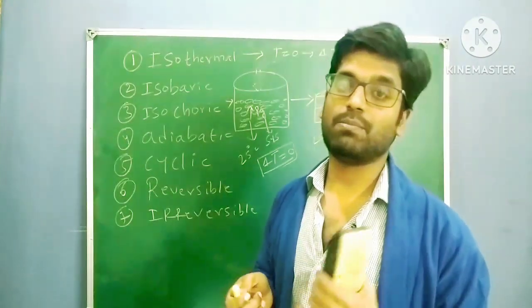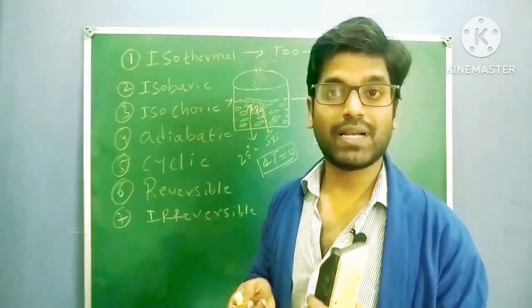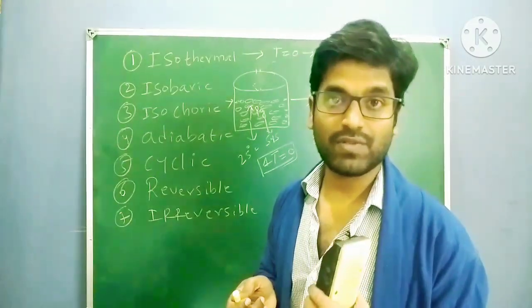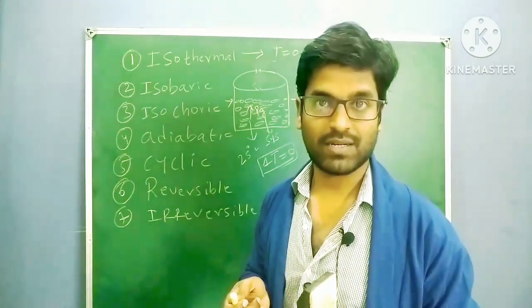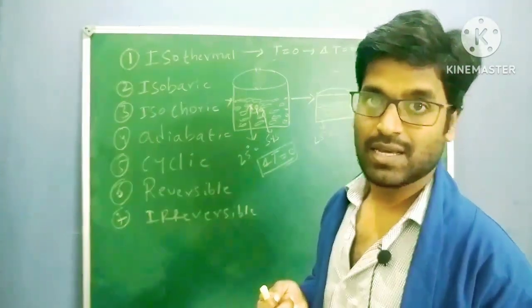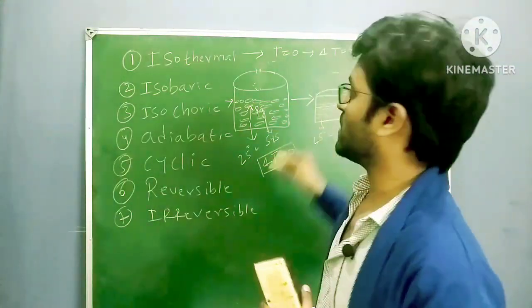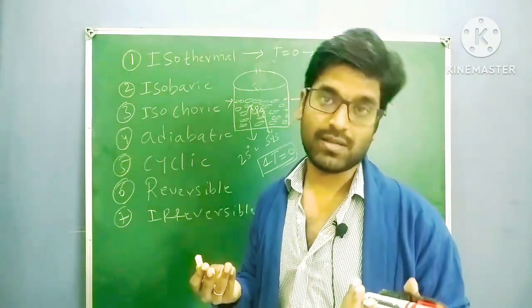Volume might change, temperature might change, internal energy of the system might change. Any variable of the system can change, but pressure is not changing. Here pressure is 1 atmospheric pressure, here pressure is 1 atmospheric pressure. Delta P, 1 minus 1, is 0.